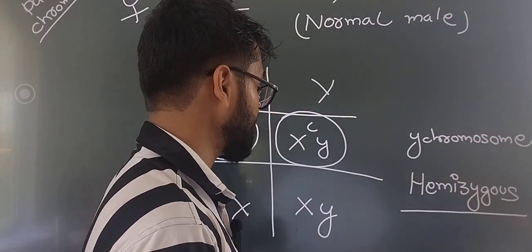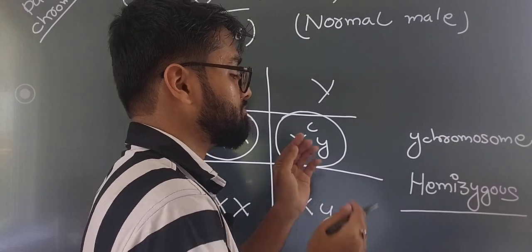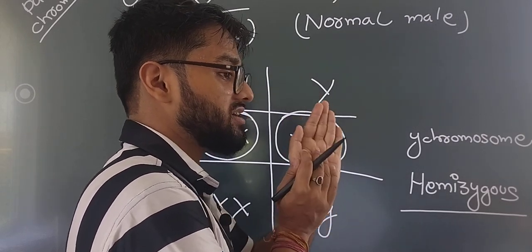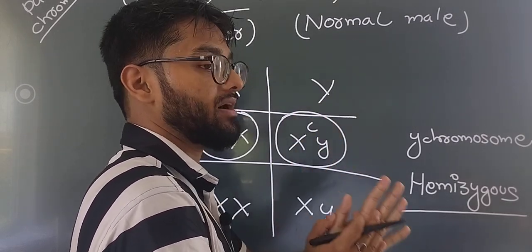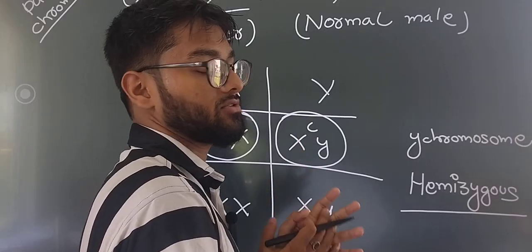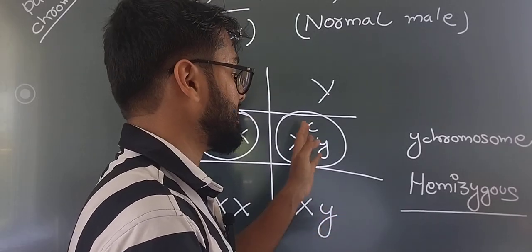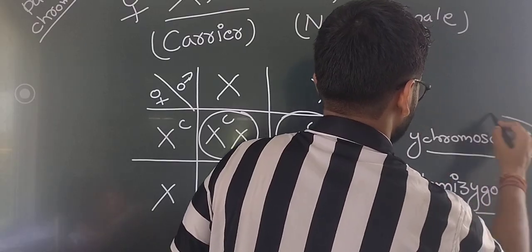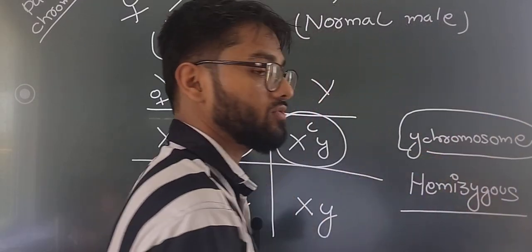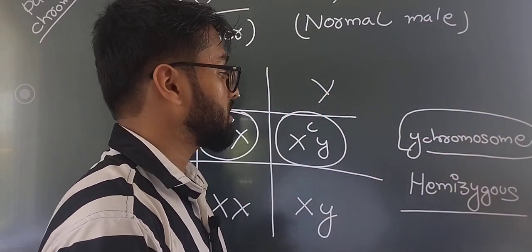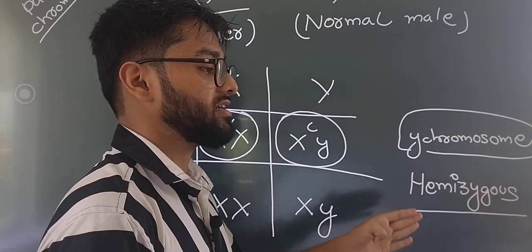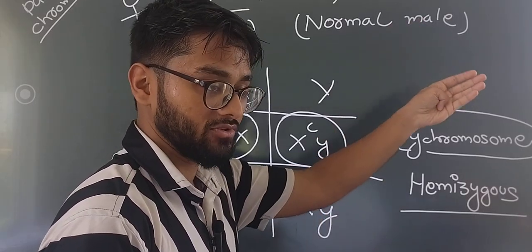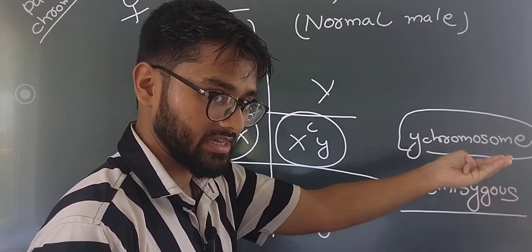That means Y is simply attached to a single or very small part of your X chromosome, and in this way the Y chromosome is unable to give you the condition of either homozygous or heterozygous.